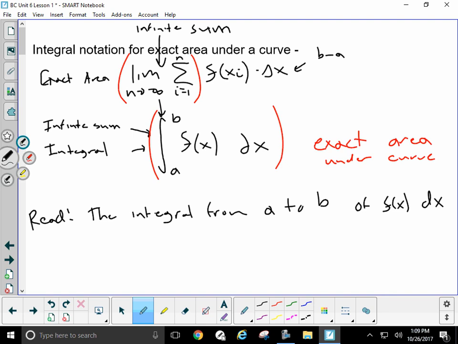It's just notation. What does it mean? Area. How are we finding this area? We're taking an infinite sum of very, very skinny rectangles. What it means: area. How do we get it? Infinite sum of skinny rectangles.